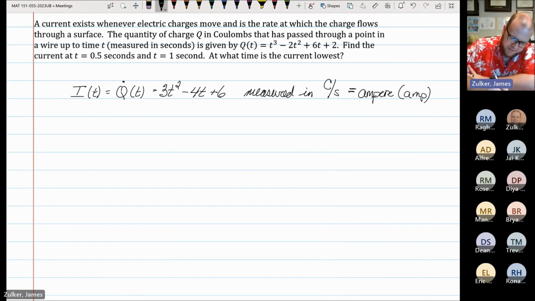Right, so we want current after half a second. And so it'll be 3/4. All right, since it's in decimals, we're going to keep it in decimals, so 0.75 minus 2 plus 6.